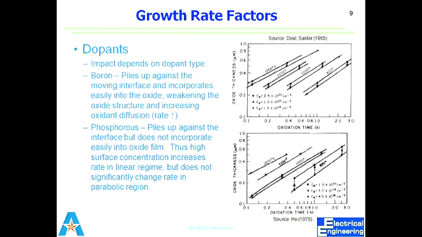Simply, in simple words, dopants are impurities. Due to impurity, the crystal structure is not as strong as it was without impurity. When it's weak, it lets the oxidant get in, so the diffusion becomes easy.